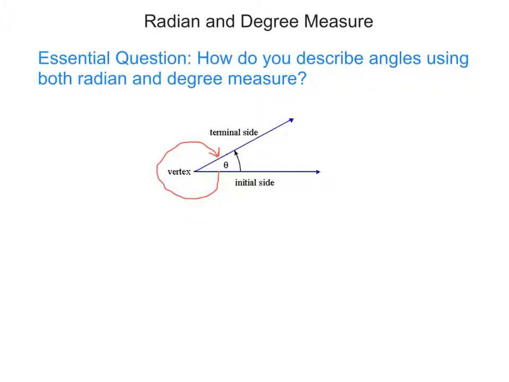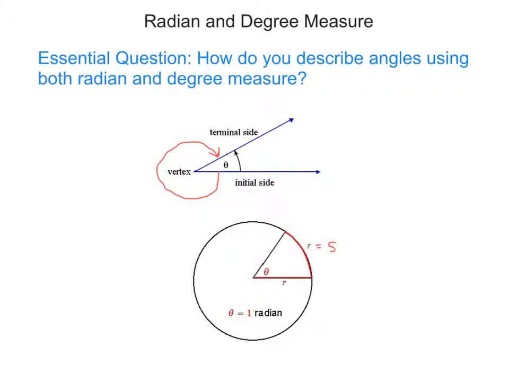We can measure an angle by the amount of rotation from the initial side to the terminal side. And one way to do this is to measure the angle in radians. So let's start by considering the central angle of a circle, whose vertex is the center of the circle, as shown in the picture here. In this case, 1 radian is the measure of a central angle theta that intercepts an arc S equal in length to the radius r of the circle, as we can see in the figure here.